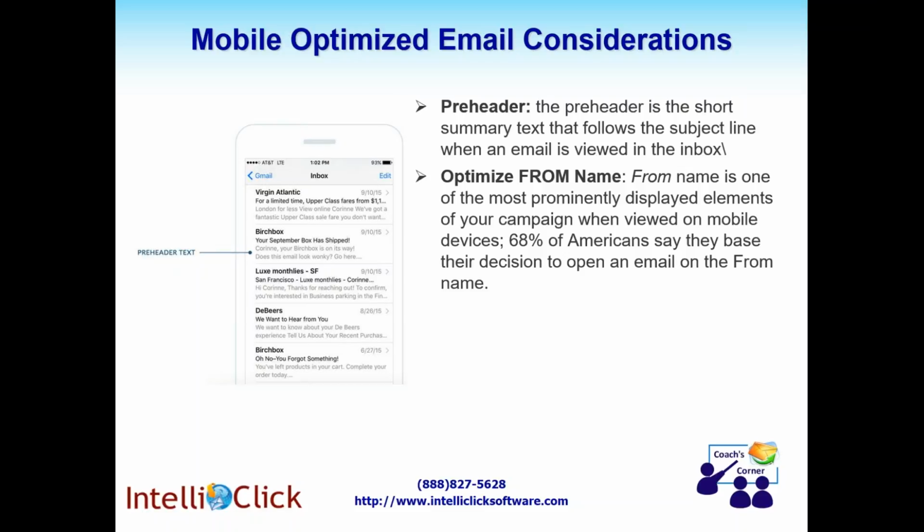Being a known sender and using names that are known to your audience are going to make a huge difference. The ones you probably want to steer clear from are things like info at, sales at, marketing at. A lot of those will not only not be well received, they often are filtered out by spam filters, corporate filters, things like that, and they're probably not going to give you your best open rates.